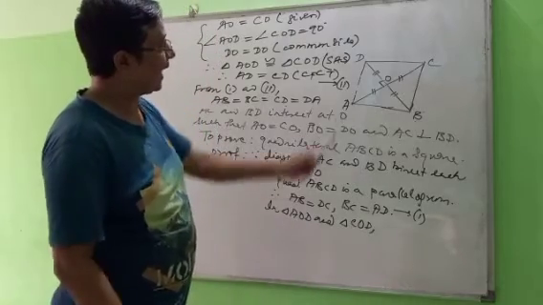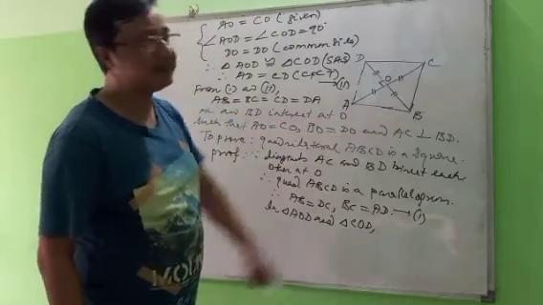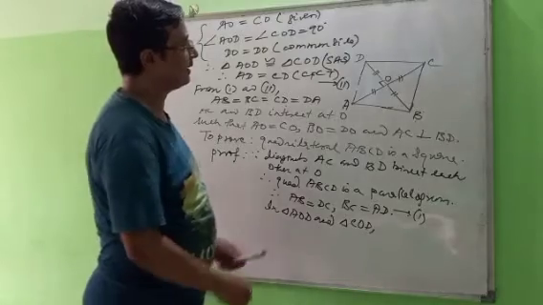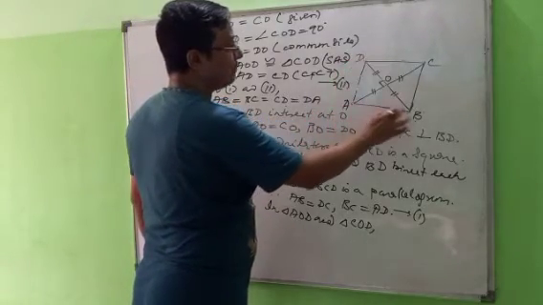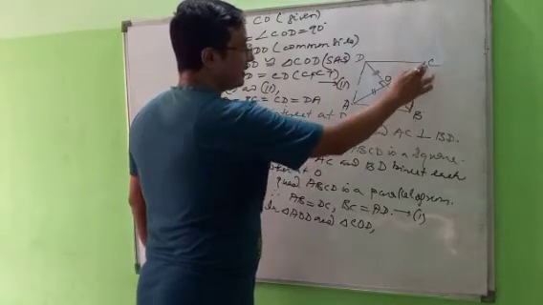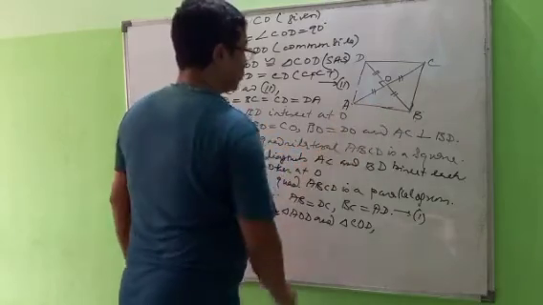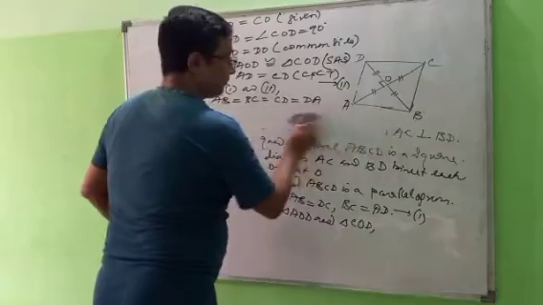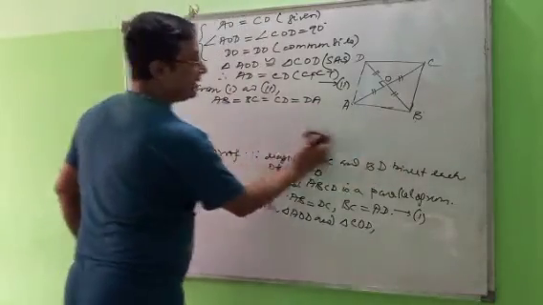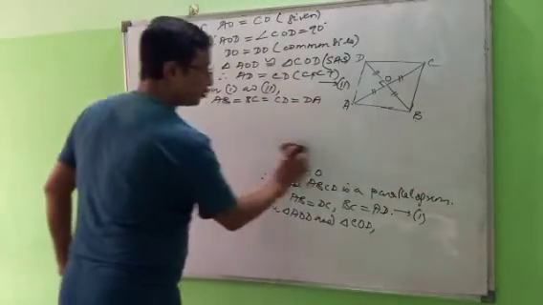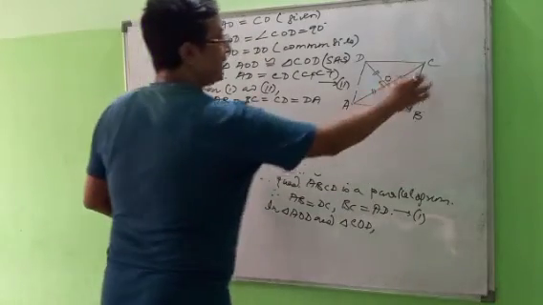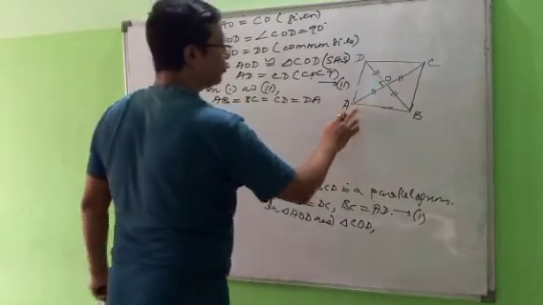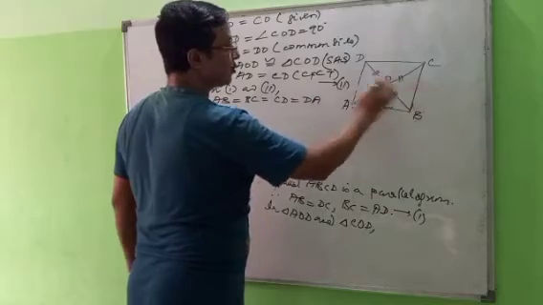So to make these angles 90 degrees, you will take the triangles, say triangle DAB and triangle CBA. So triangle DAB is congruent to triangle CBA. How do we get this? Now AD equals BC.